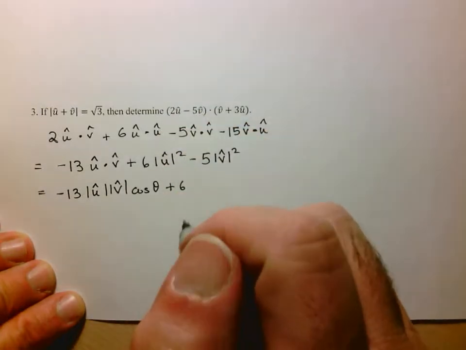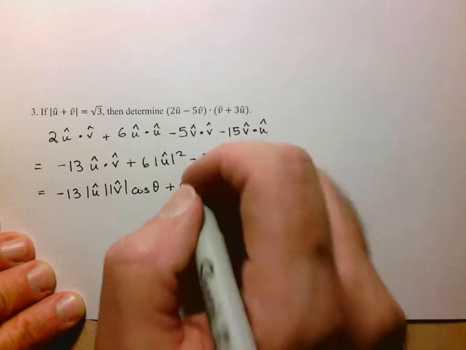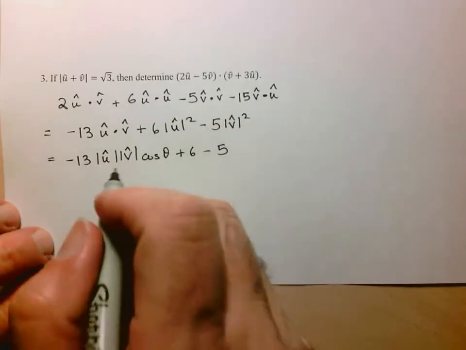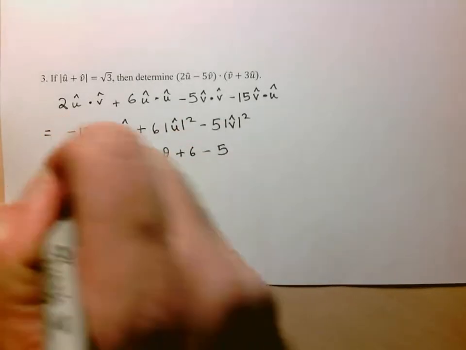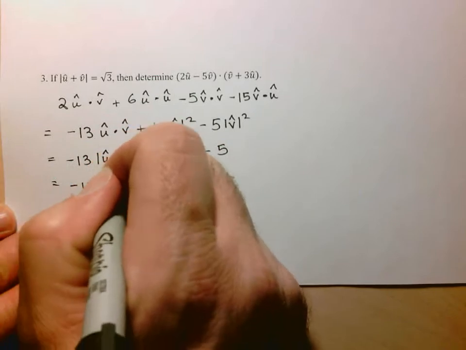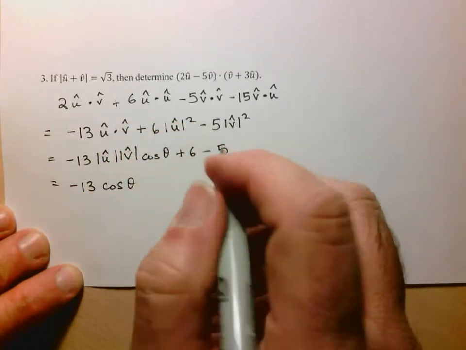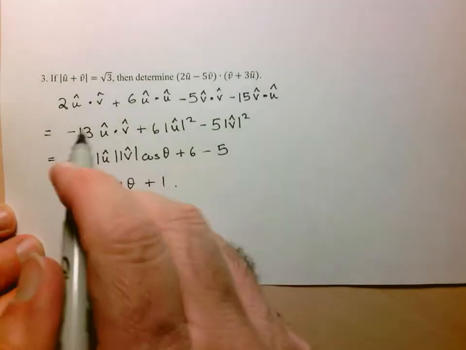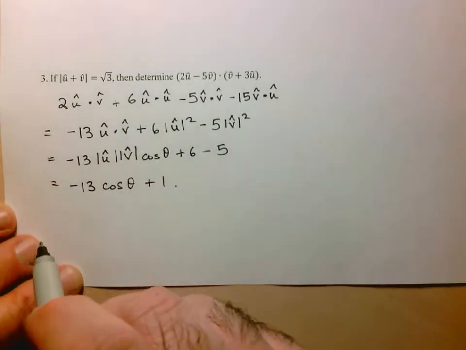It's not an arrow, it's a hat, so we know that it's representing a unit vector, so this is just minus 5. And similarly here, these magnitudes are each 1, so I'm left here with negative 13 times 1 times 1 times cos theta. And 6 minus 5 is 1, so plus 1. And that's as far as I can go in simplifying using the algebra I have.